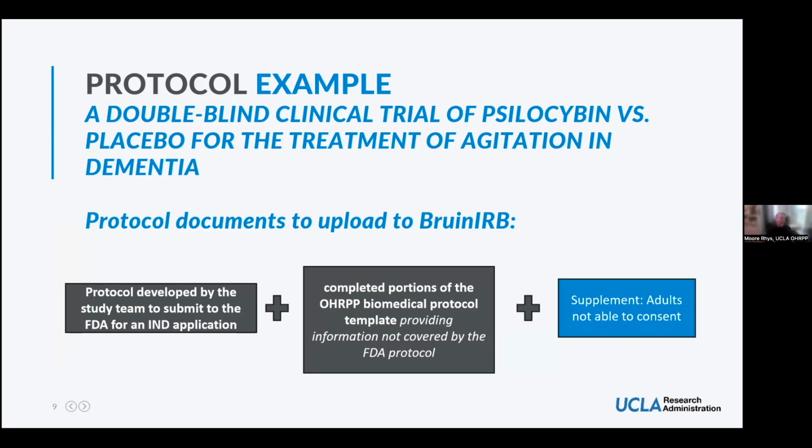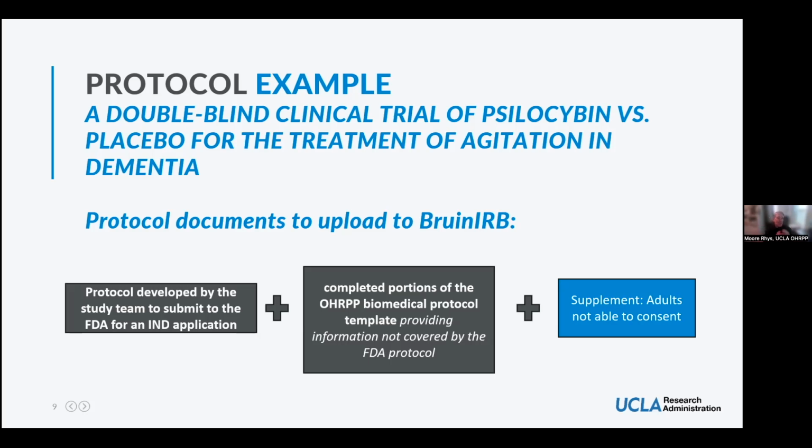So they'd upload that, and then there might be parts of the protocol that was sent to the FDA that don't have sufficient detail for the IRB to be able to make determinations, since the FDA has a different role, a different task to complete than the IRB does. Each has our own purposes.